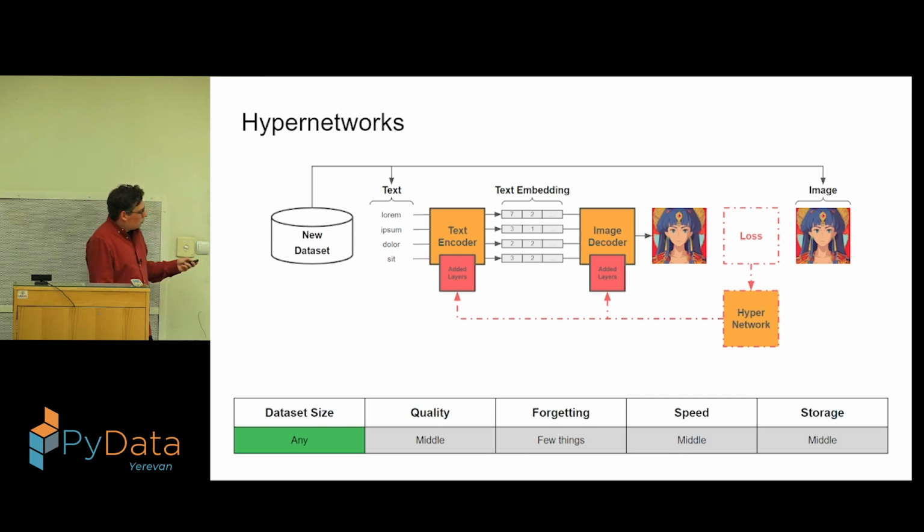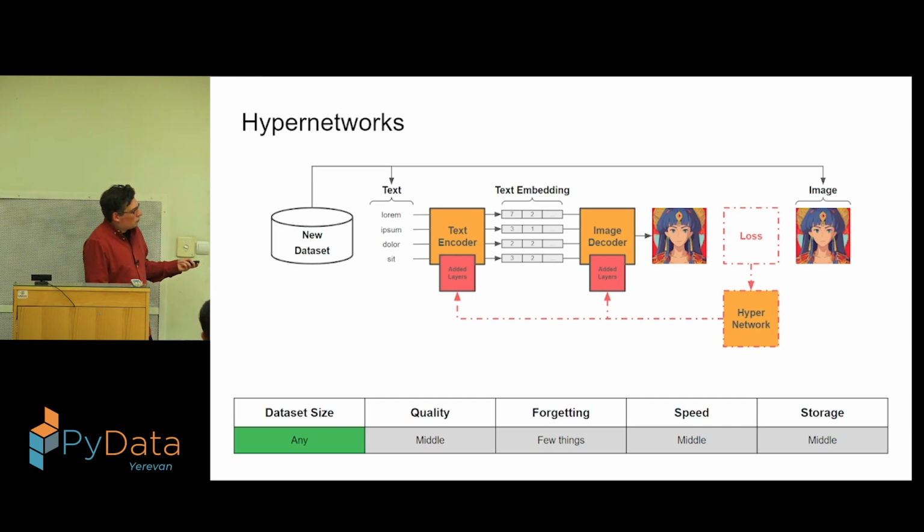This method also supports any dataset type. It's just dependent on your Hypernetwork size. The quality is the same as LoRA. Forgetting is also the same, so you are forgetting few things. The speed is middle, because in this case you are optimizing a network instead of just a weight matrix, so there is some computational overhead typically in the Hypernetwork.